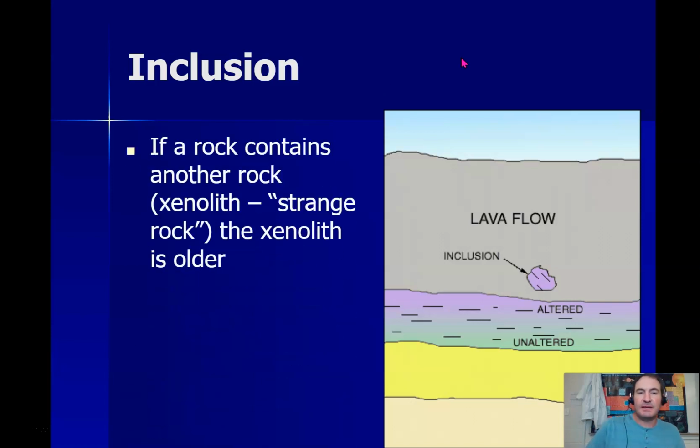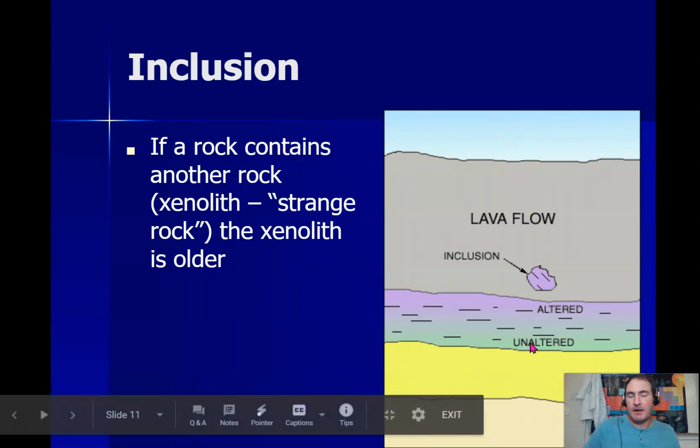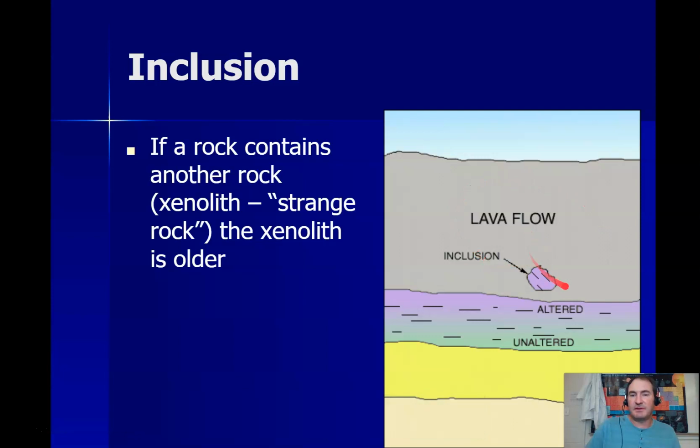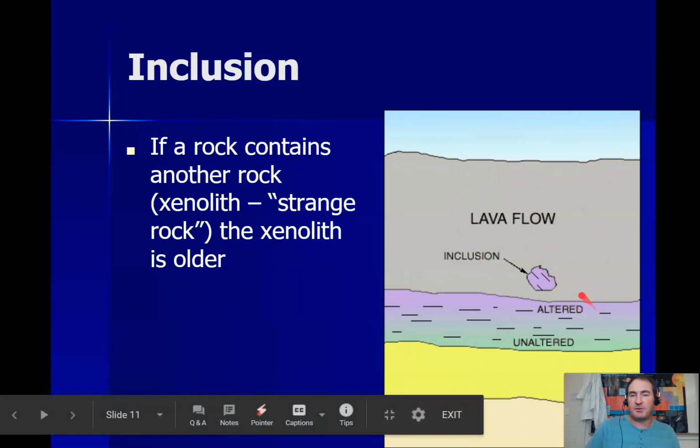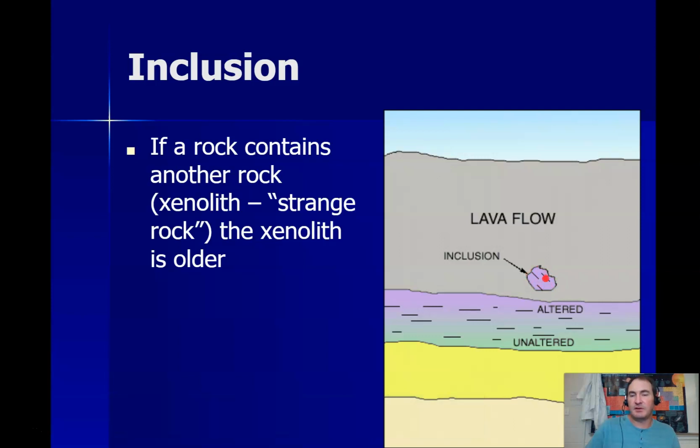Okay, the next is the principle of inclusions. An inclusion is a chunk of rock that's found inside of another rock. So for example, in my picture here, if I had this purple layer, and there just happened to be a lava flow and a chunk of this purple broke off and it's in the lava flow, that would be called an inclusion.